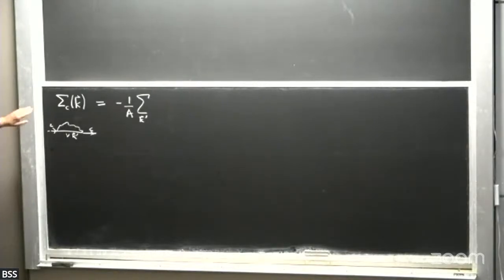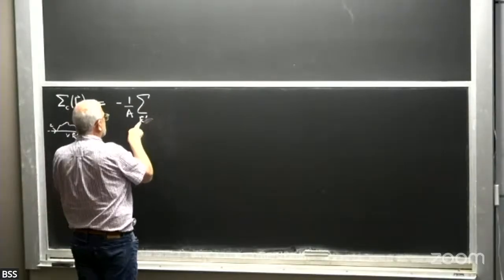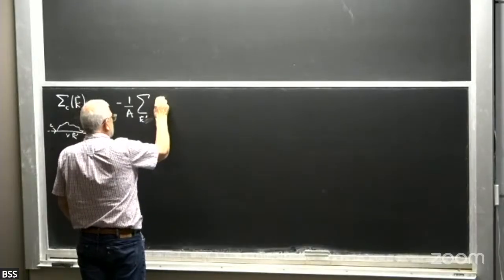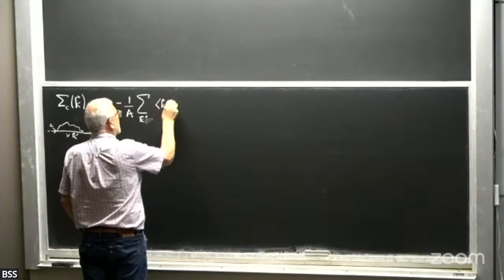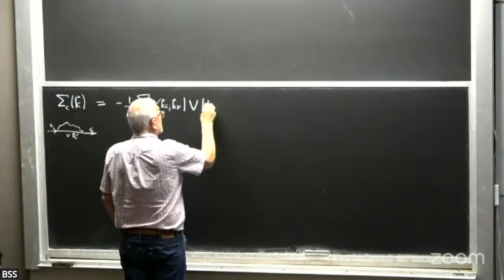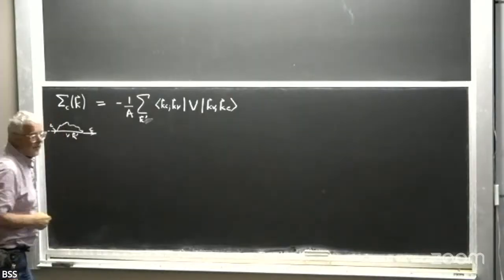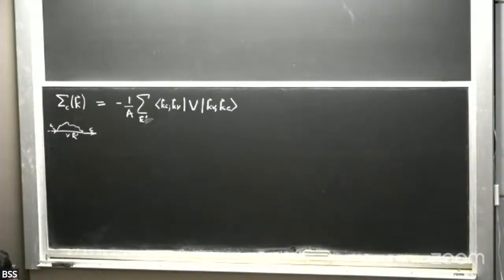So if I wanted to calculate the self-energy, I'm going to sum over all k's in the valence band, and then I'll get an exchange matrix, a two-particle matrix element, where in one of the two-particle states we exchange the two particles.